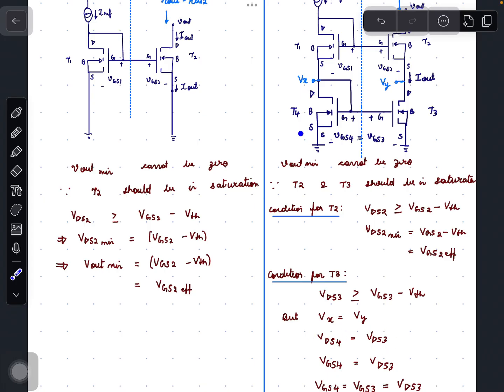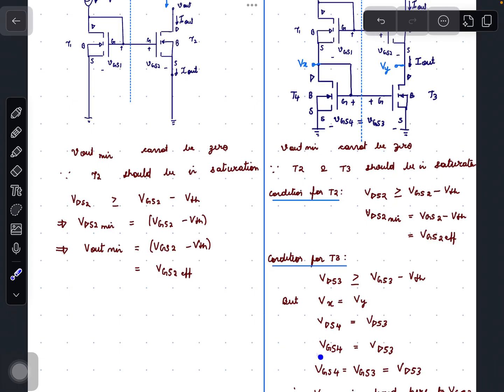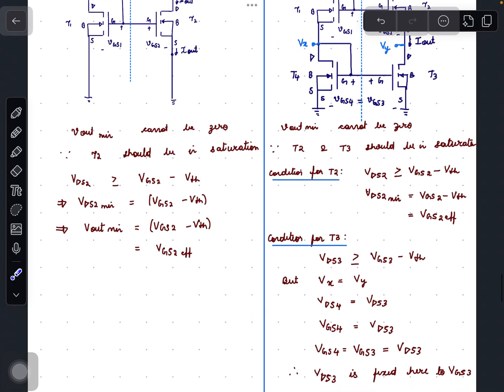But VDS4 is nothing but VGS4, since the gate and the drain are shorted. So VGS4 equals VDS3. VGS4 is nothing but VGS3. So VGS4 equals VGS3 equals VDS3.